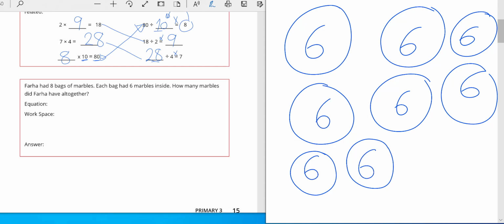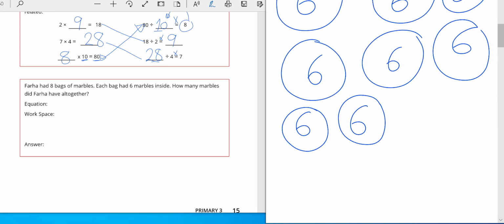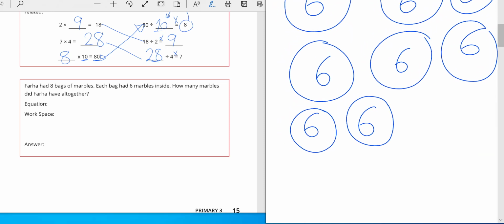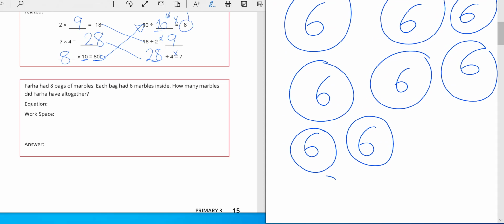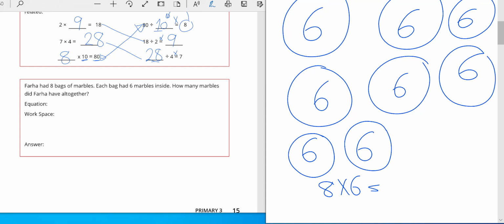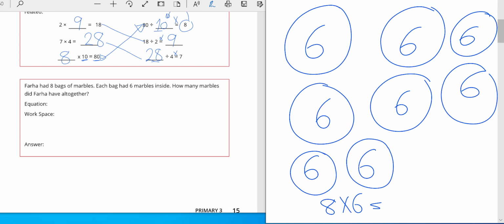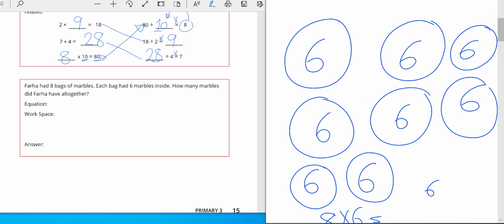So now we can say that 6 is repeated 8 times. So we can do a multiplication operation. So 8 times 6, or 6 times 8 by using the commutative property.